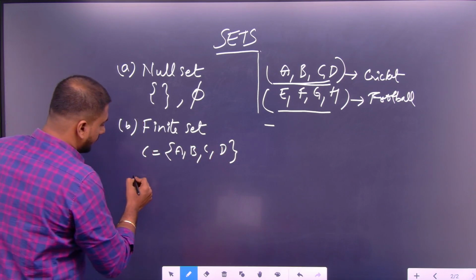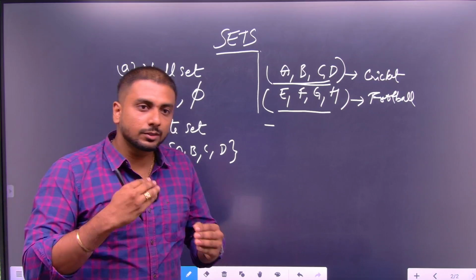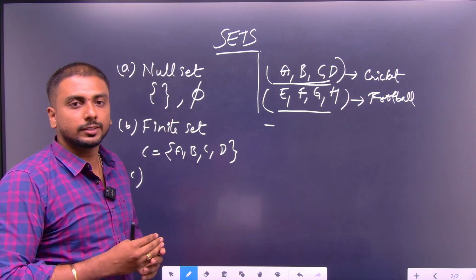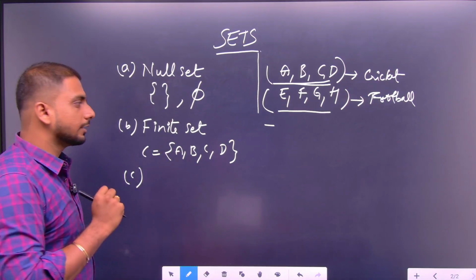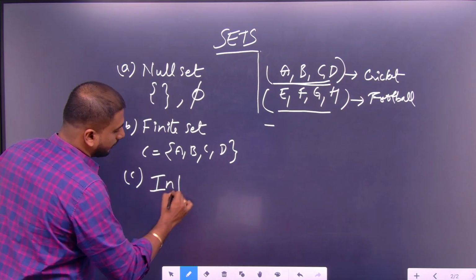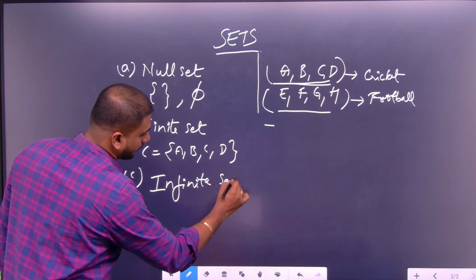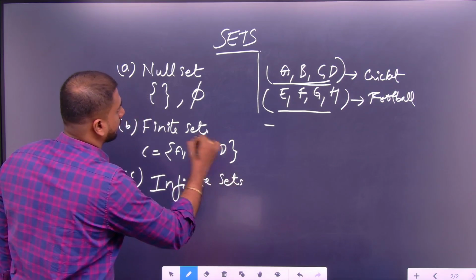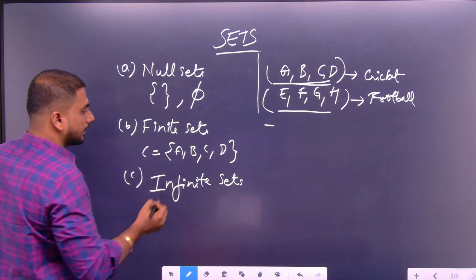We have already seen examples of including dots inside our set when we wrote natural numbers. So after finite comes infinite set. What do you mean by infinite sets?